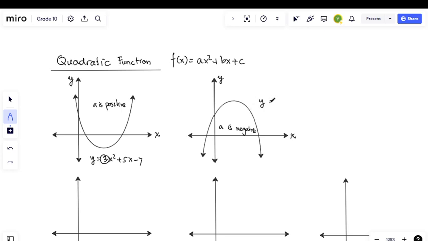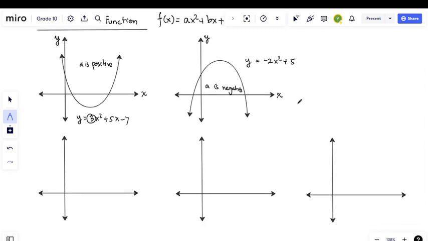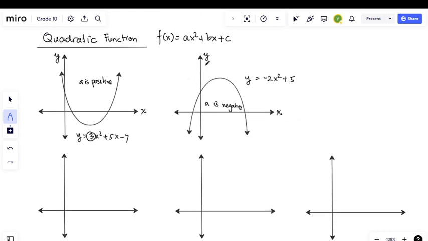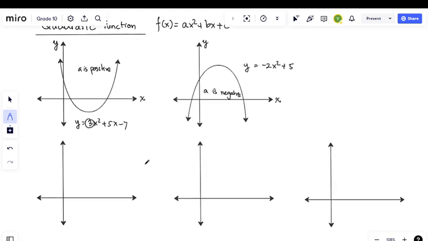Contoh, y sama dengan min 2x kuadrat tambah 5 misalnya. Okay. So the next things, yeah, besides these two about a to define where the curve is going to facing, berarti kita juga lihat ini ya, yang satunya adalah about the discriminant. Ya.